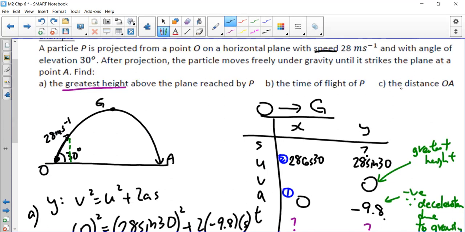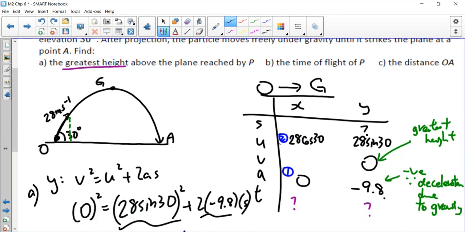Distance OA. Question number 1 for you is, can I use the same super table? The answer is yes, but highly not recommended.